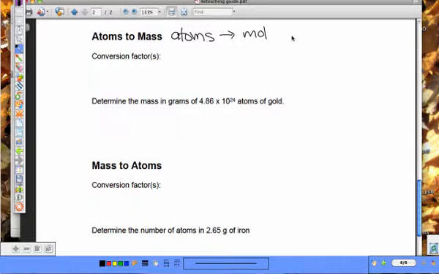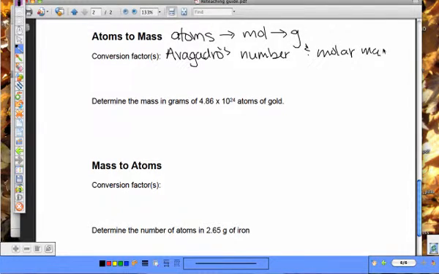And then we change moles into grams. So we're going to use Avogadro's number first in order to get atoms changed to moles, and then we'll use the molar mass to get from moles to grams.